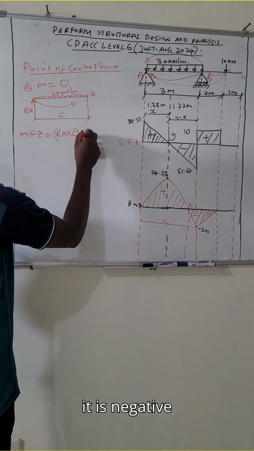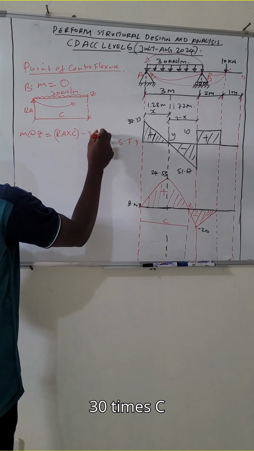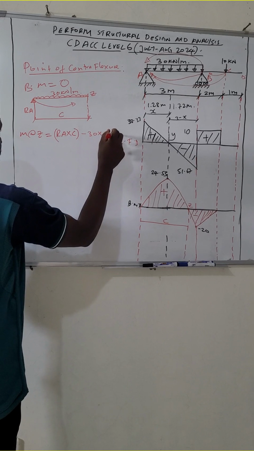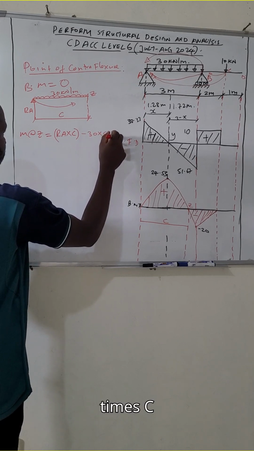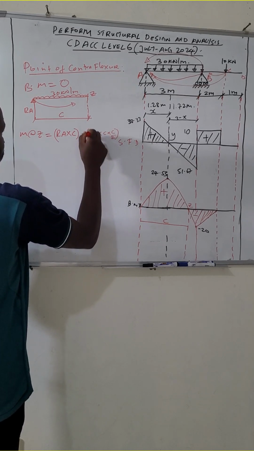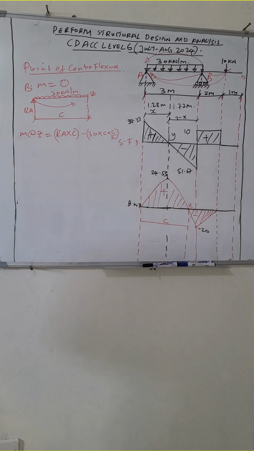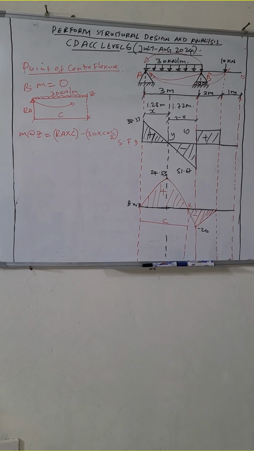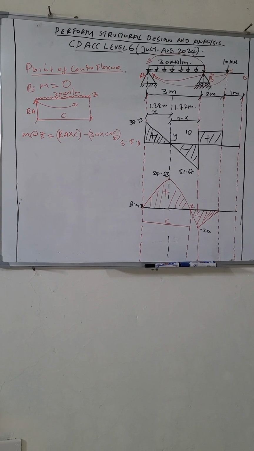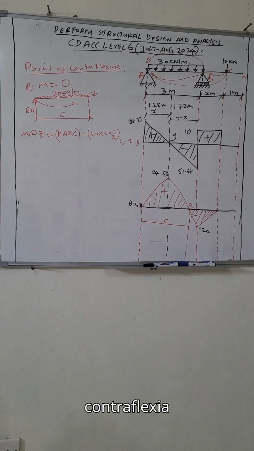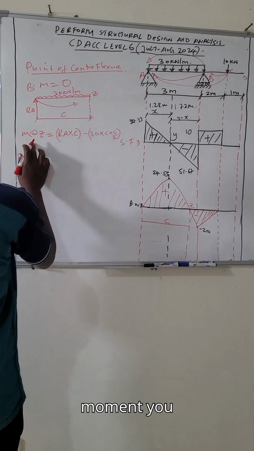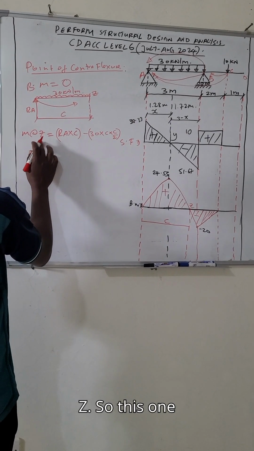So it is negative 30 times C times C over 2.